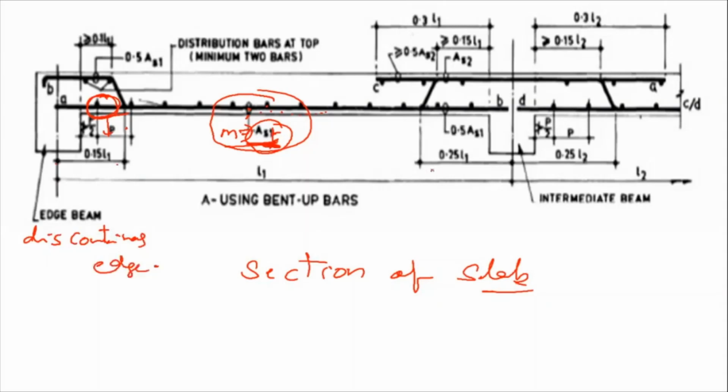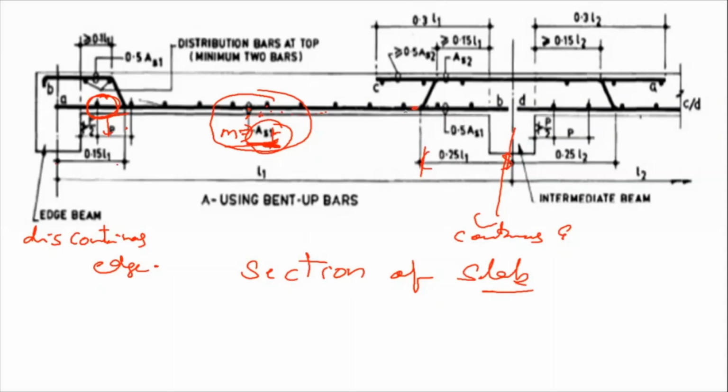If it is a continuous edge like this, you have to extend it till the length of 0.25 L1. So whatever Ast you have designed here has to be extended up to this length.